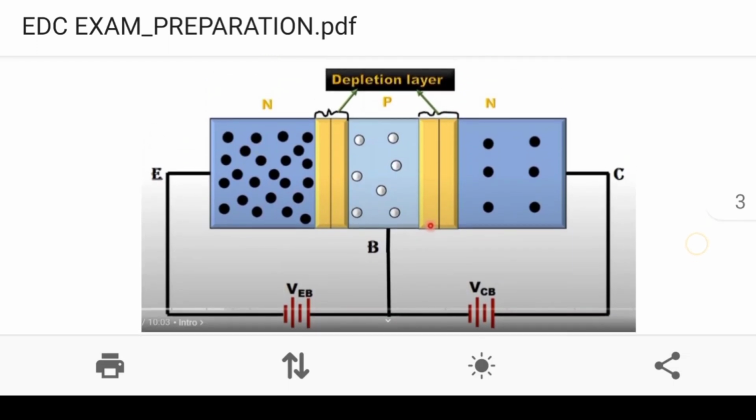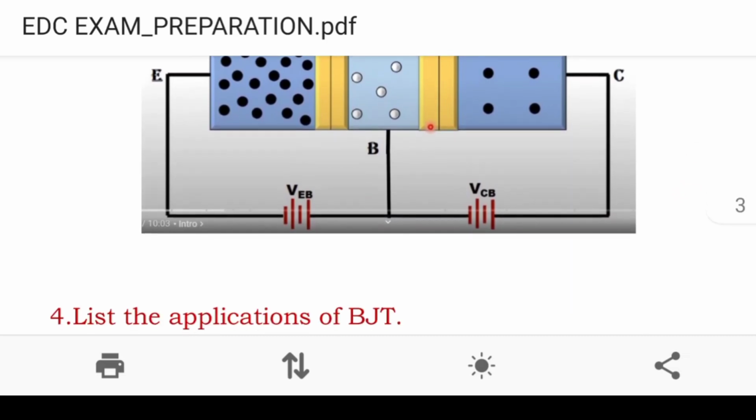You can see here an NPN transistor with the depletion layer. When the voltage is applied between emitter and collector, the depletion region widens. This is called base width modulation, which is early effect.